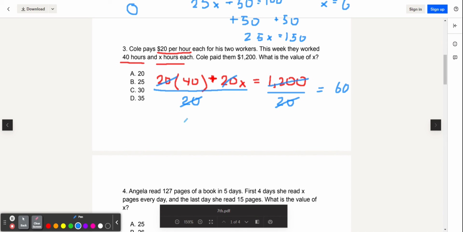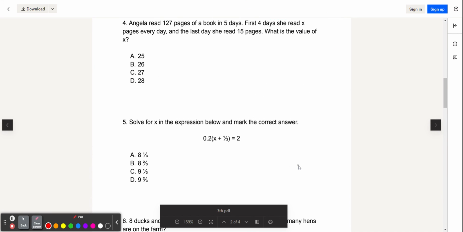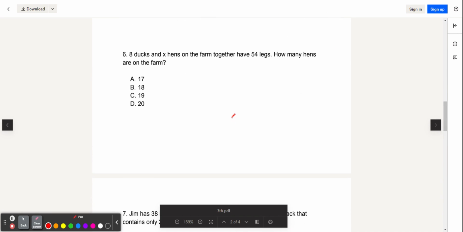This leaves us with 40 plus X is equal to 60. We subtract 40 from both sides to get X is equal to 20. The answer is A. I'll leave the rest for you to do on your own.